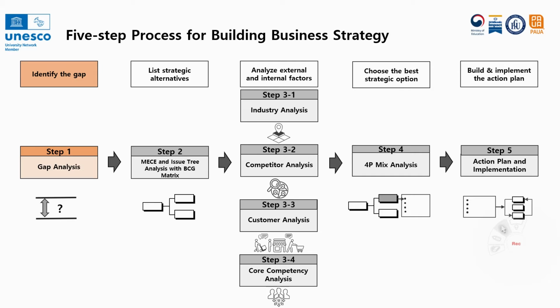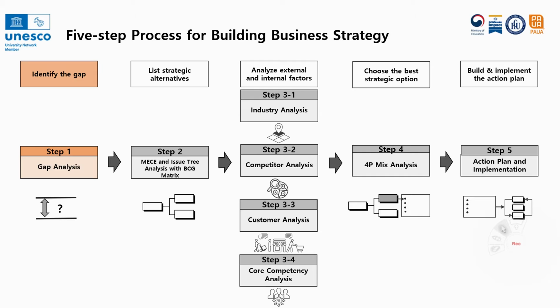And then we analyze external and internal factors to evaluate which strategic alternatives are better than the others. And after analysis, we choose the best strategic option, and then we build and implement the action plan. That's something we are doing for building the business strategies.